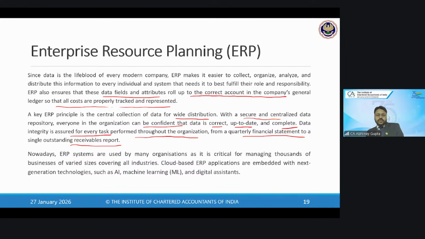Nowadays ERPs are used by many organizations, as it is critical for managing thousands of businesses of varied sizes covering all industries. Cloud-based ERP applications are embedded with next-generation technologies such as AI and machine learning, right?